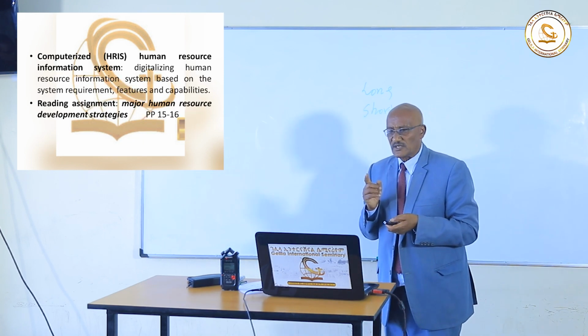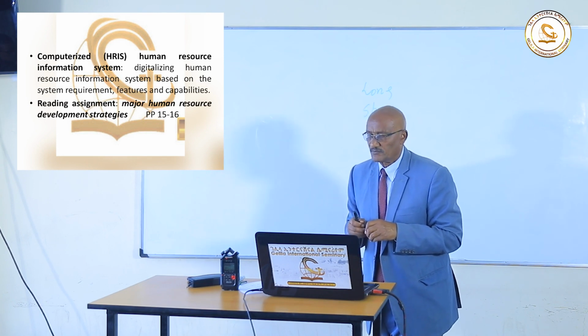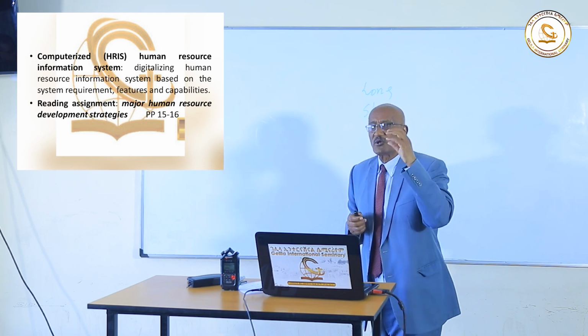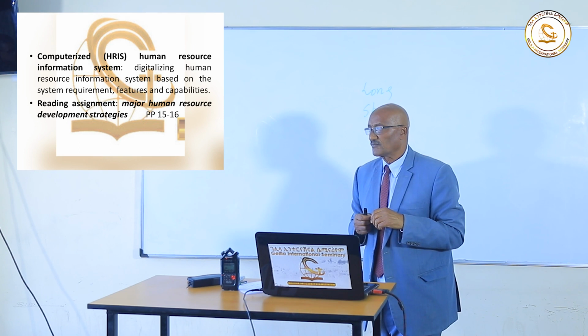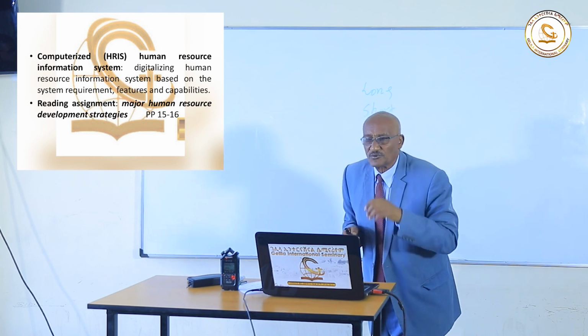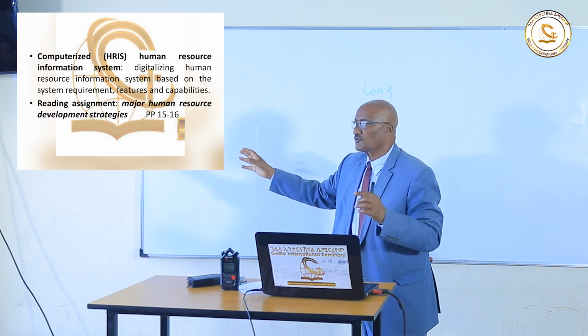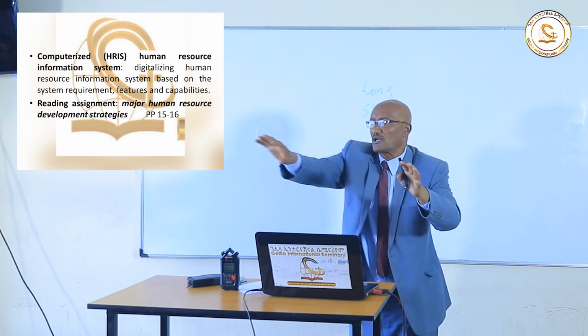The third point is computerized human resource information system. That means this world is a world of digitalization. You are not expected to buy different kinds of papers and so on in order to collect the history of your workers in a given shelf.